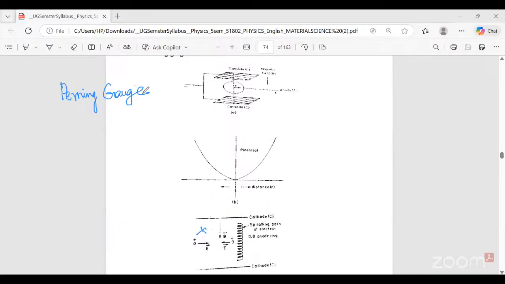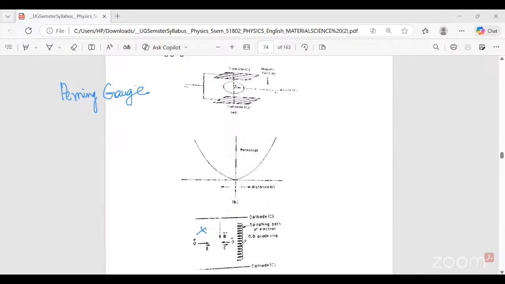In this Penning gauge, it generally consists of an anode, and this anode will always be between the two cathodes. So this is one cathode, another cathode, and in between you have the anode. A magnetic field is produced by a horseshoe magnet.